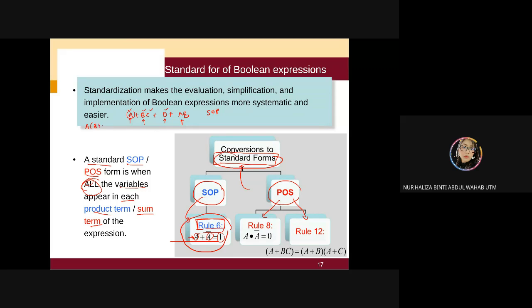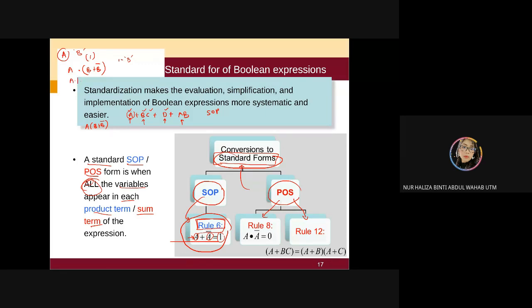B plus B bar. Why do we use B plus B bar? First, because we want to include the variable B in this product term, which is A only. So we multiply A with B plus B bar, because this one is equal to 1.